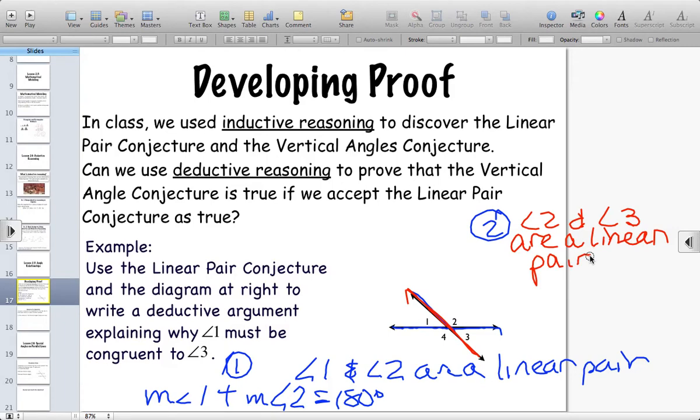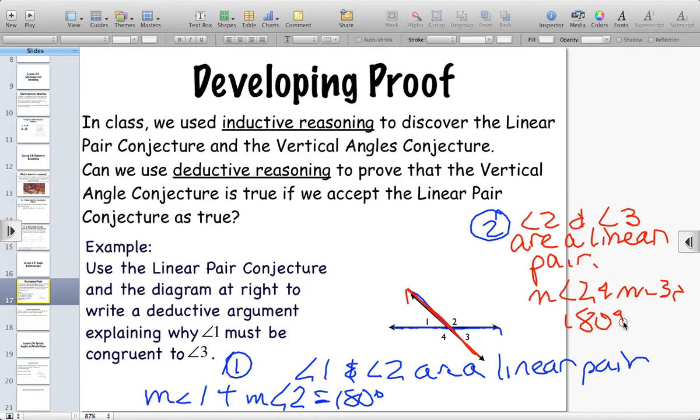Okay, so that means the measure of angle 2 and the measure of angle 3 has to equal 180 degrees. We need to replace the battery in this pen. It's not writing as neatly.